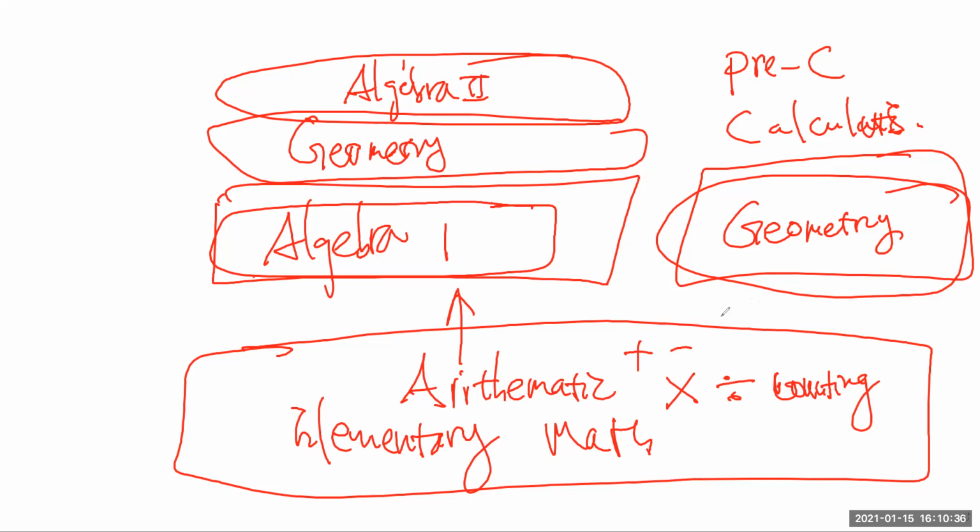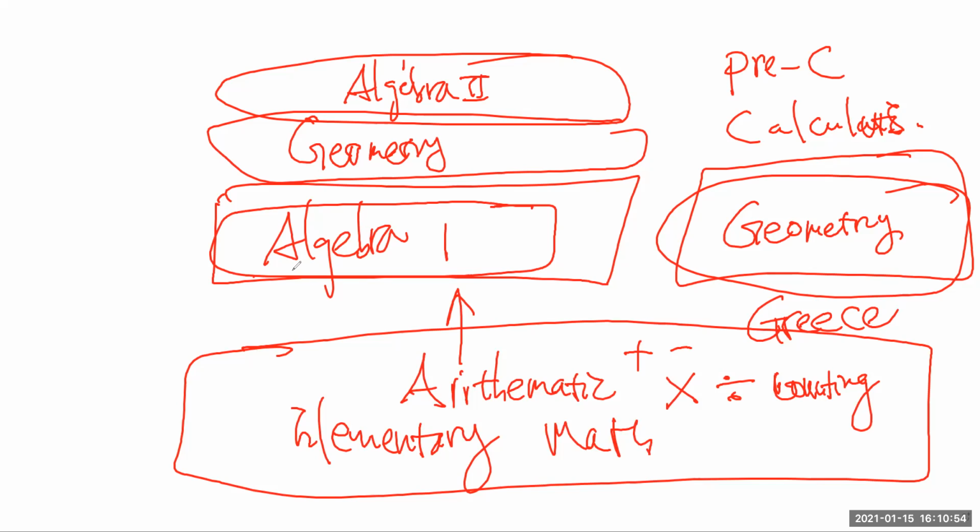Geometry is the oldest branch of math. It's more than 2,000 years ago, and it really started in Greece. And algebra is much later, about 1,000 years ago.